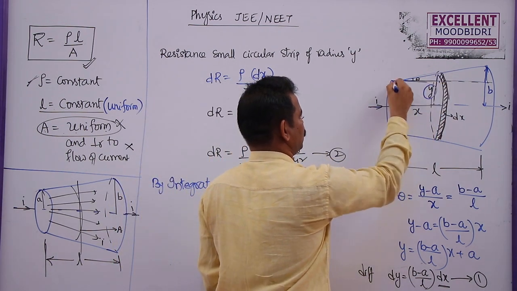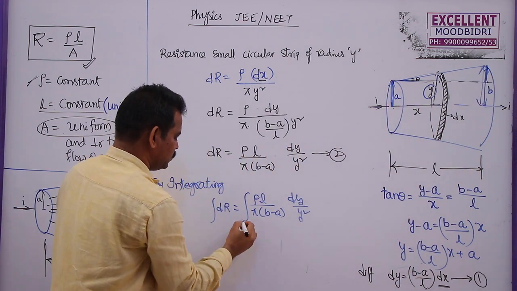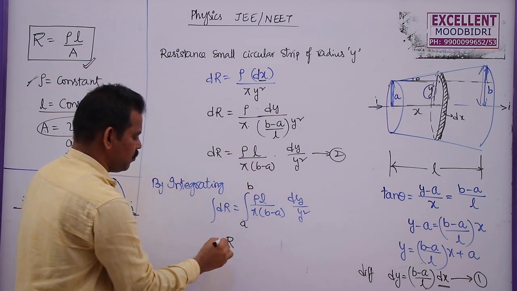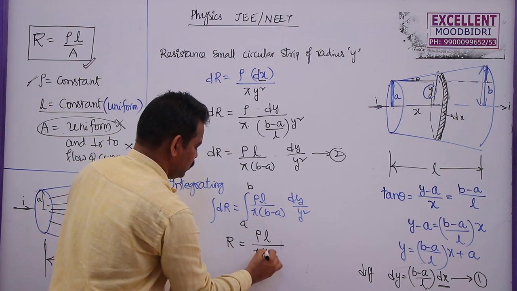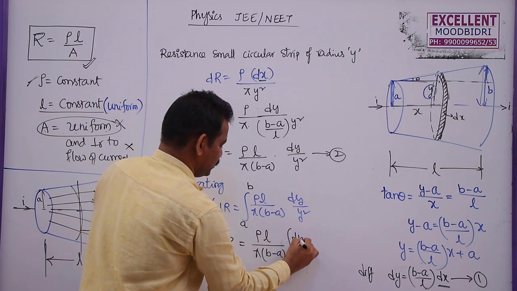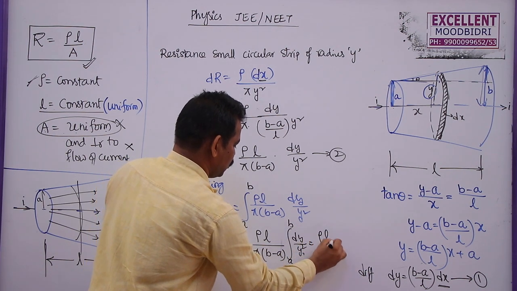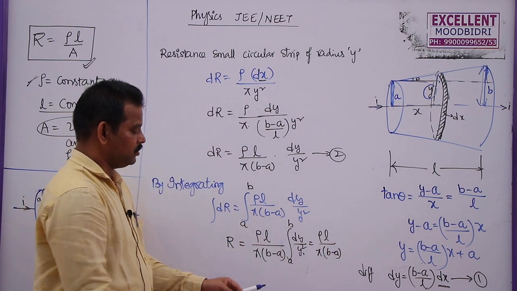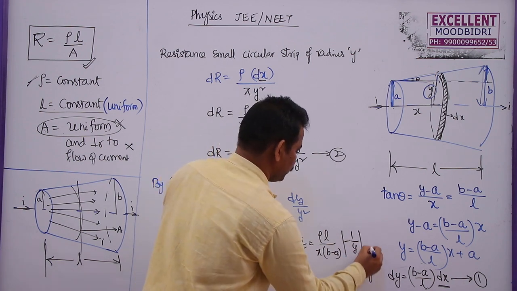Least value is equal to a and the maximum value is equal to b. So here I can write the limits are a and b. So integral dr will become R, rho constant, length constant, pi into b minus a, integral dy by y square with the limits a to b, which can be written as rho L by pi into b minus a. Integral dy by y square is minus 1 by y with the limits a and b.